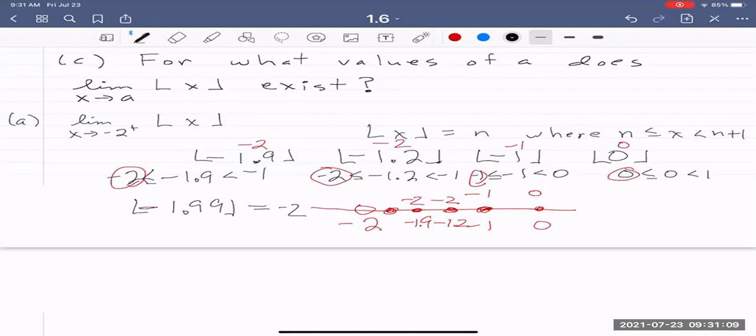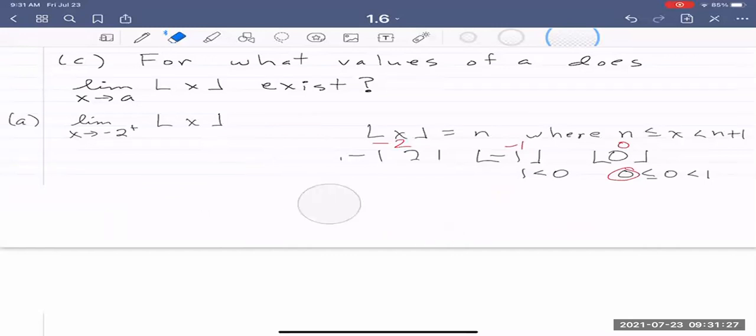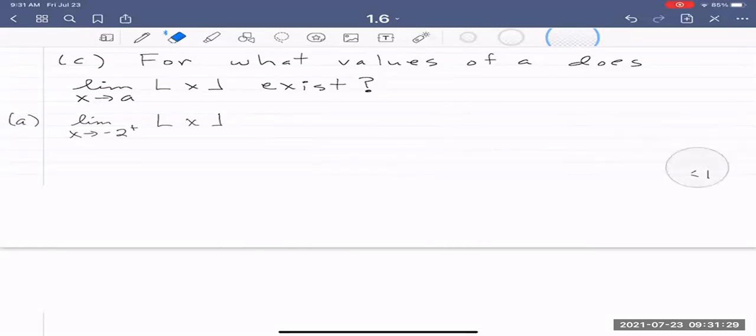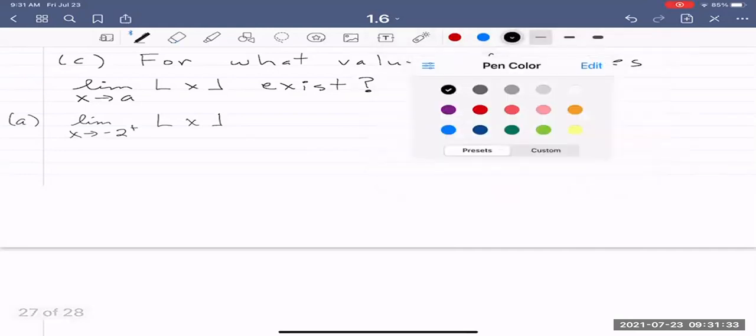And so as x keeps getting closer and closer, it's equal to -2. So maybe what I should do, before I even do this, is graph this, so that you have some idea of what's going on.